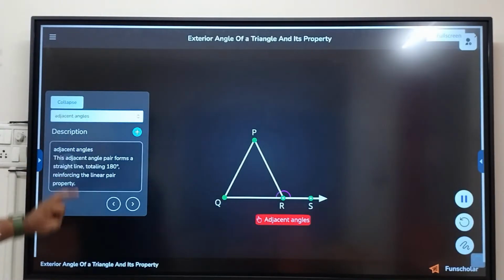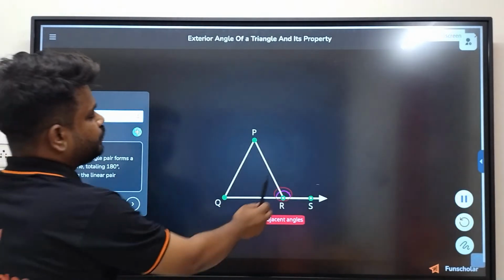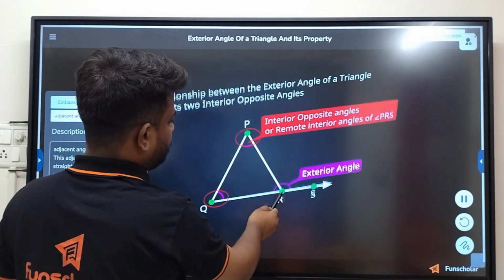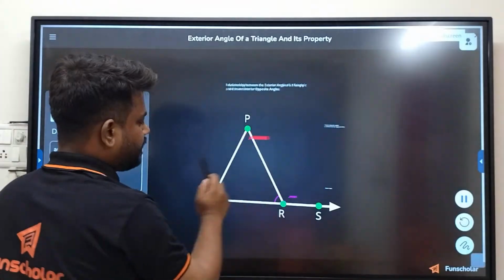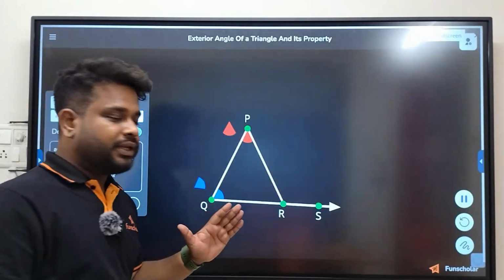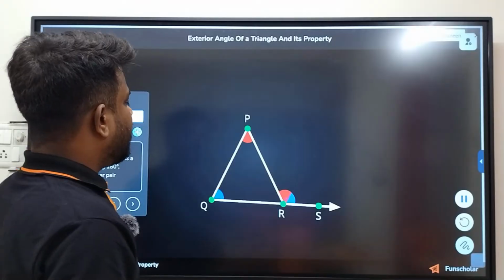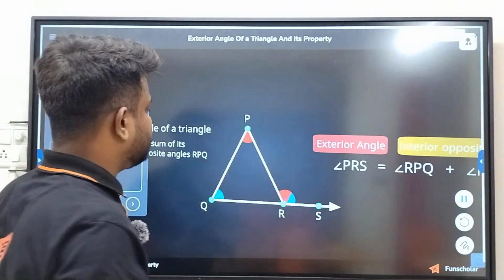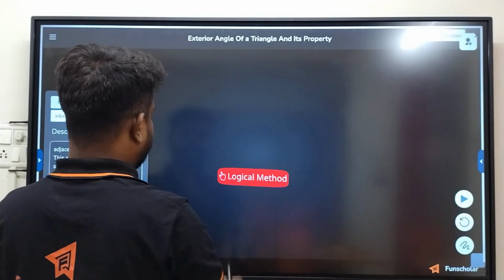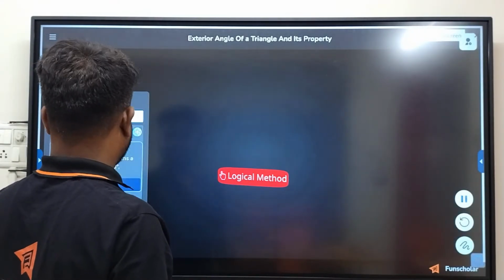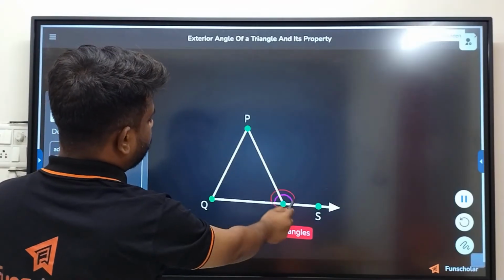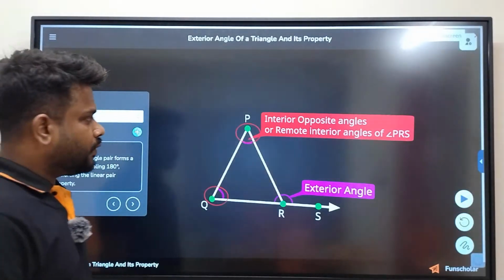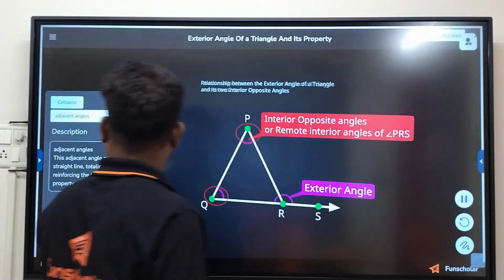Talking about adjacent angles, these will be called the adjacent angles of this triangle, which is also called a linear pair. And we have already discussed that the exterior angle will be the sum of these two angles, right guys?